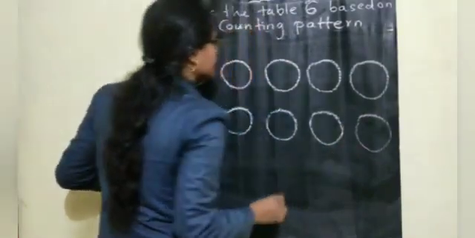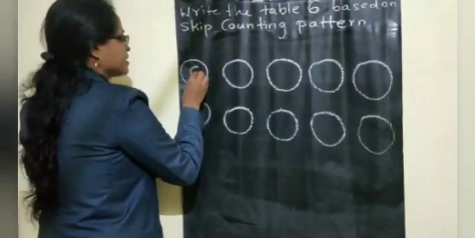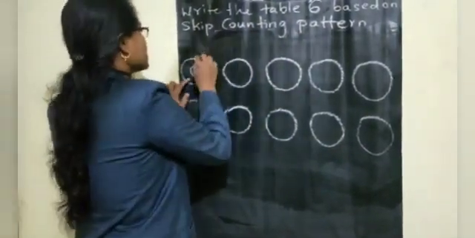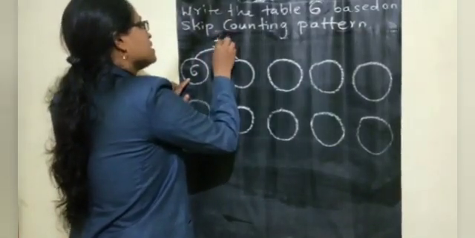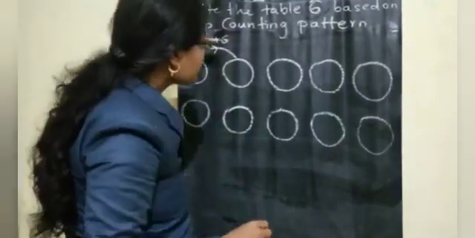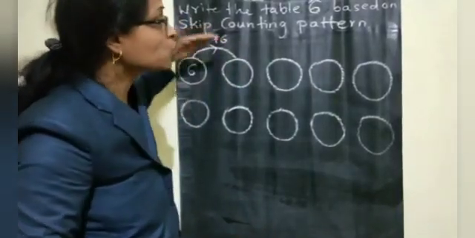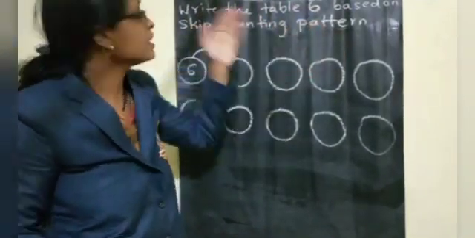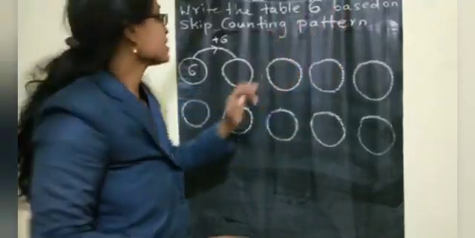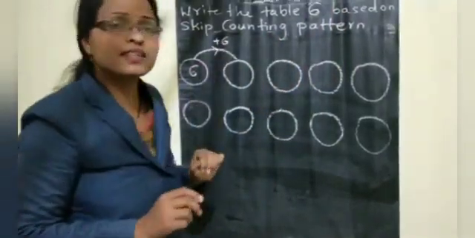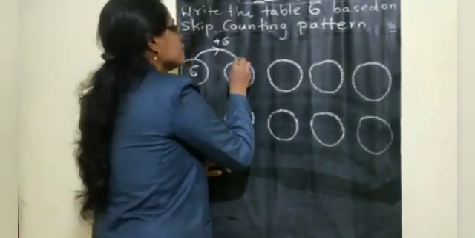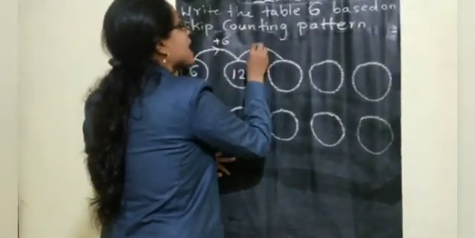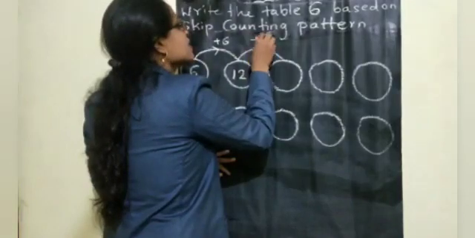Okay. Now, let us try with 6. For 6, you are adding 6 each time. And since it is increasing order, you have to show the arrow also for the forward direction. Understanding? So, 6 plus 6 how much, children? 6 plus 6 is 12. Again for this 12, you have to add 6 to get your next number.